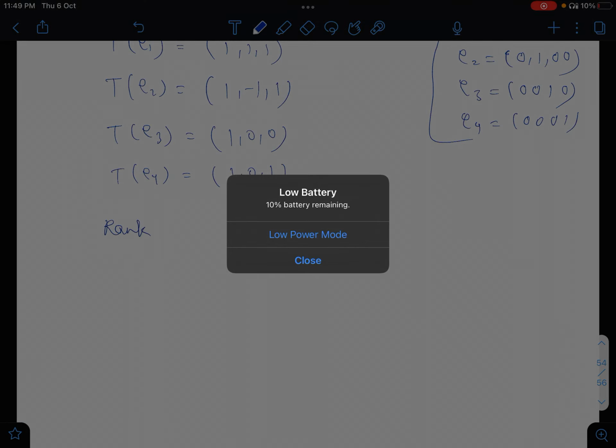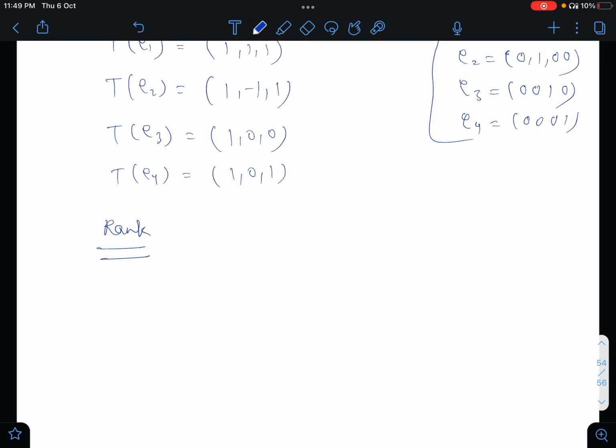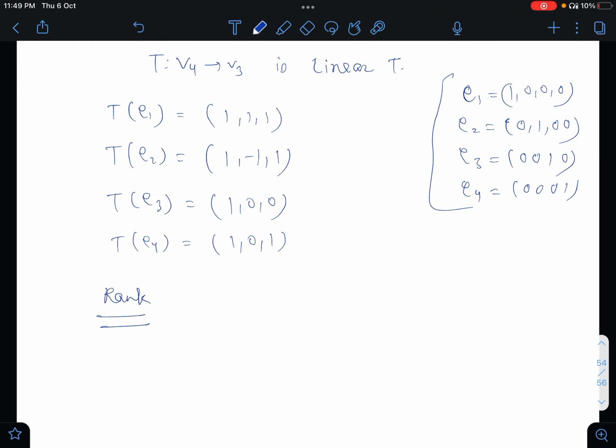To find the rank, we find the images of the basis elements, and then we choose those which are linearly independent. Whichever are linearly independent out of these four will form the basis of the range space, and the dimension of that is the rank.